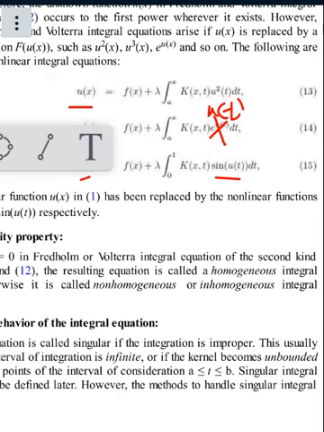Now let me give an example of a linear case.